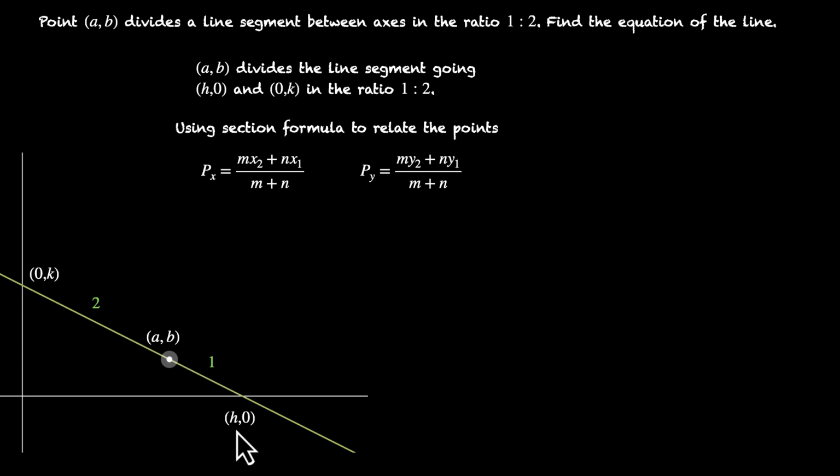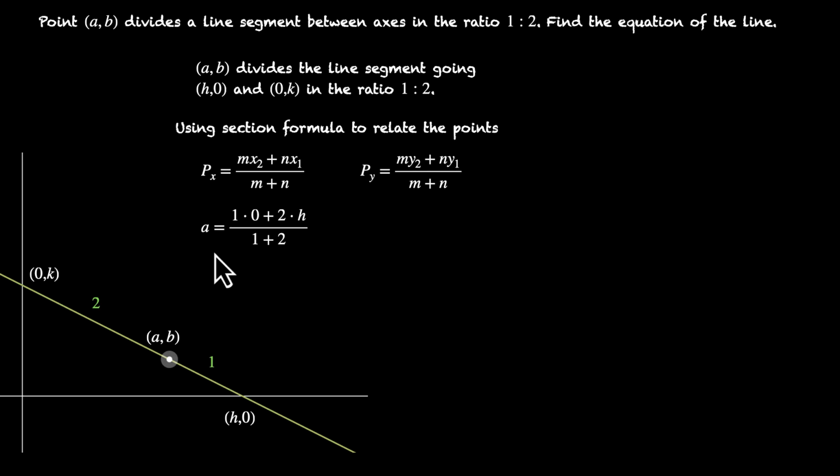So here x1 will be h and x2 will be 0, and m will be 1 and n will be 2. We have to be careful with these things. So the x coordinate will be 1 times x2, which is 0, so 1 times 0 plus 2 times h, divided by m plus n, which is 1 plus 2.